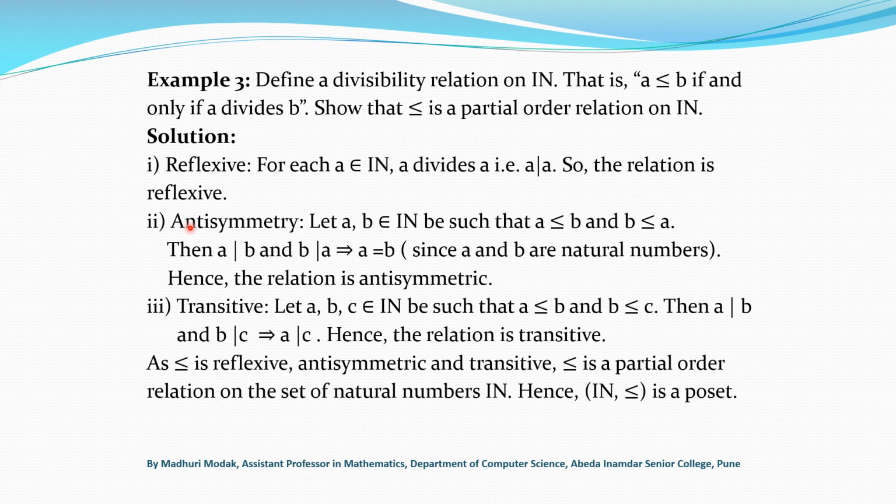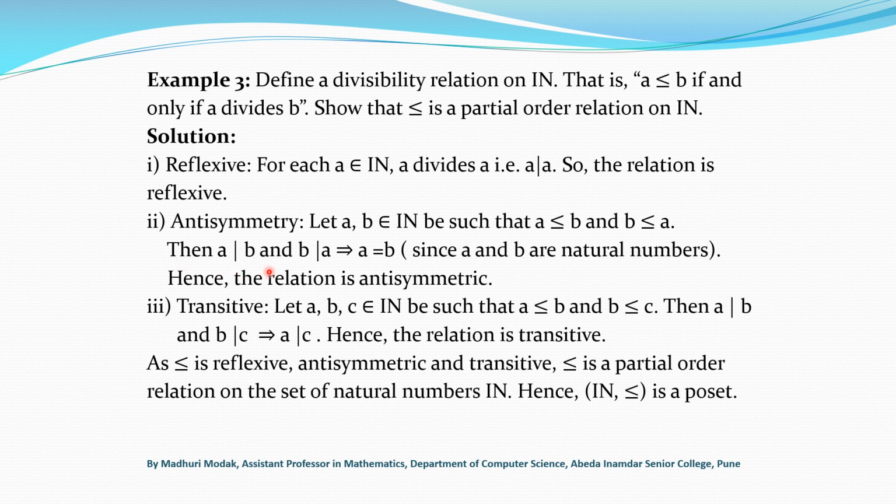Now for antisymmetry we take two natural numbers a and b such that a is related to b and b is related to a. That is a precedes b and b precedes a. So by definition of the relation we get a divides b and b divides a. So a and b are equal. Now here a and b are natural numbers. So we can write if a divides b and b divides a, then they are equal.